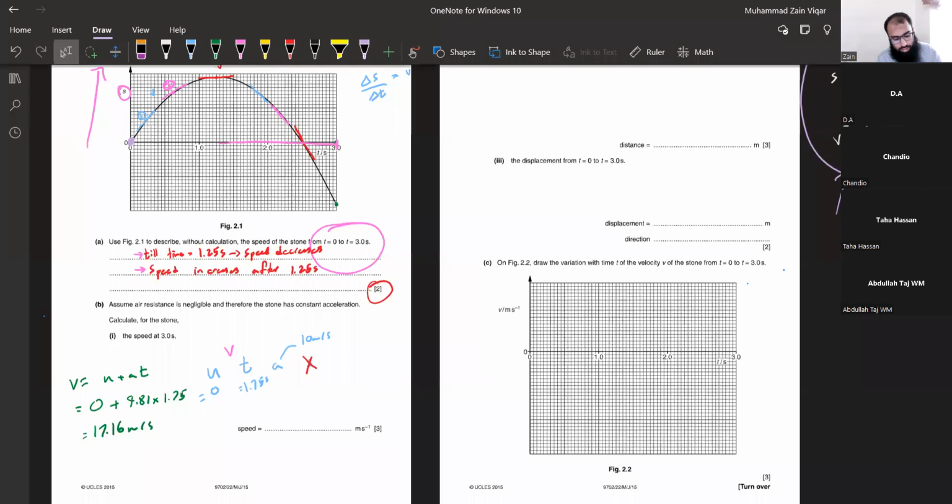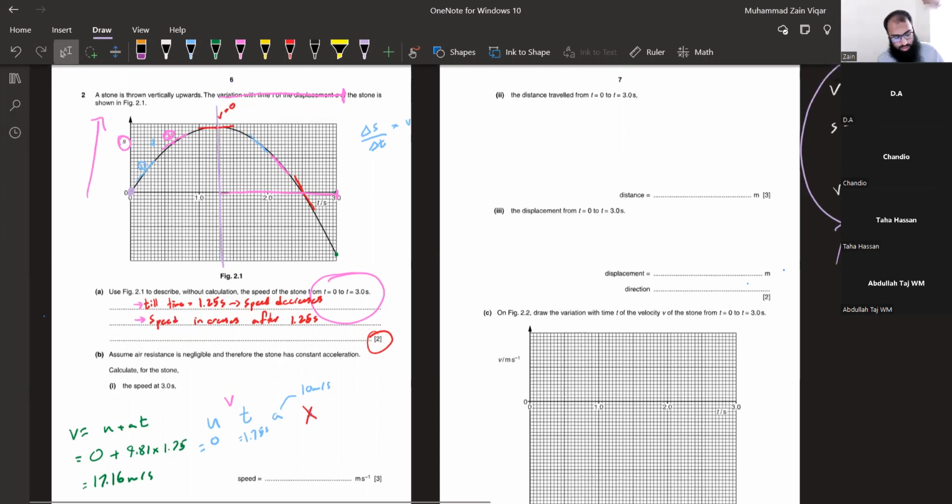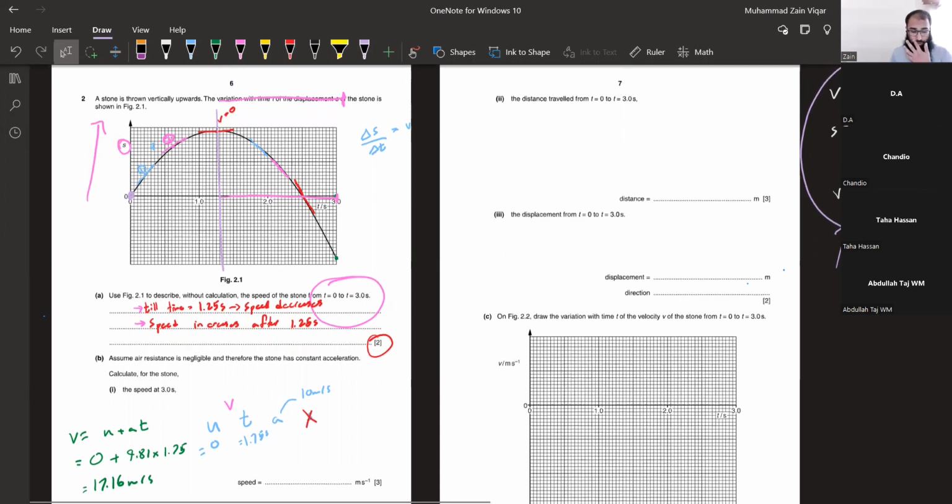So the idea is that the time you take is from the region which you're considering. The way I did this, I ignored everything to the left, so the initial 1.25 seconds were ignored by me. My observation started when the velocity was zero. So that's why I did this. I'll talk about the other possibility later on.